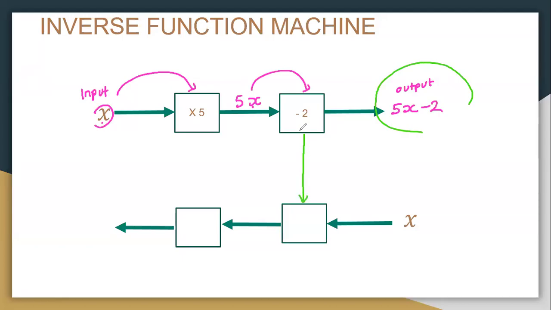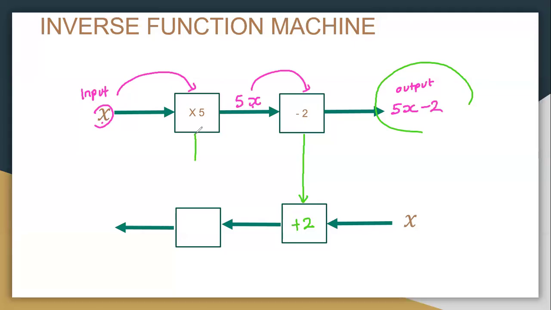Now, if I'm finding the inverse, what is the inverse of a negative? Put in the chat what you think. Lamek says plus. Very good. Here we are subtracting 2, so when we are reversing, we shall add on a 2.